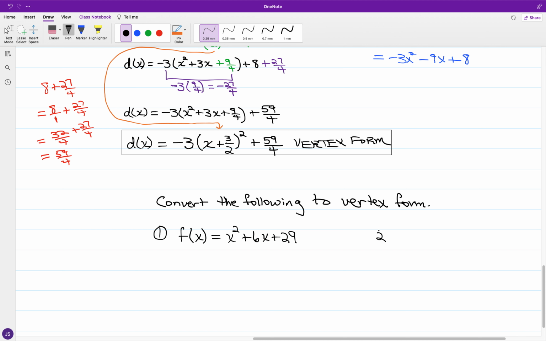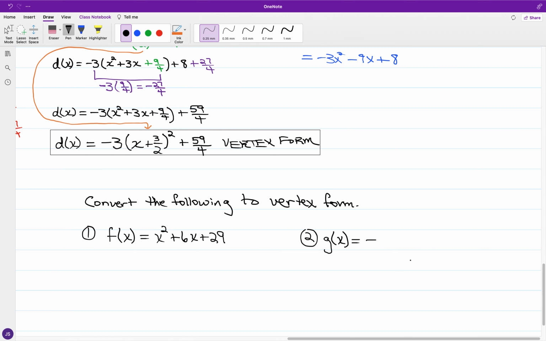And for the second function, we'll say g of x is equal to -4x squared plus 16x plus 31. Both of these are in standard form, so let's see what we get for the vertex forms of f of x and g of x.